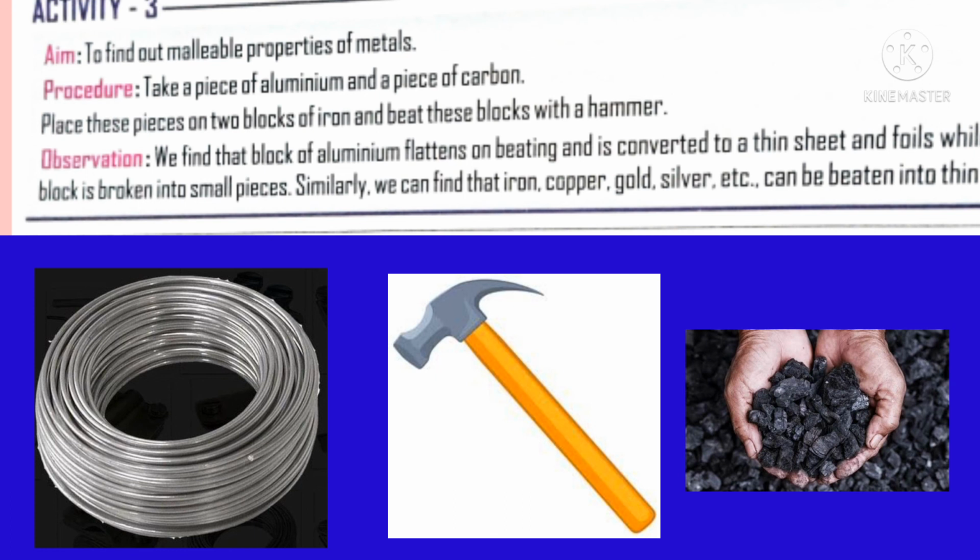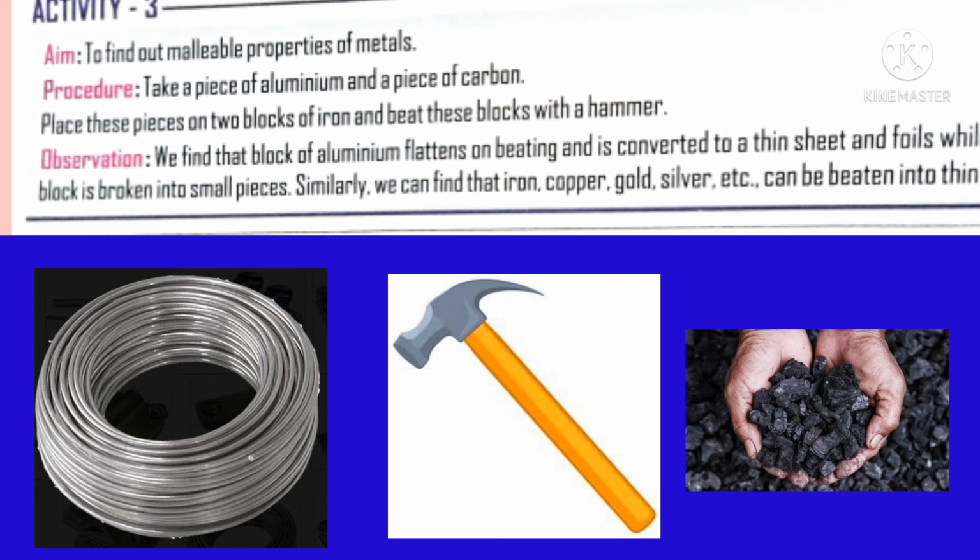Now let us move to activity 3, to find the malleability of metals. The materials required are a piece of aluminium, a piece of carbon, and a hammer. You are going to beat these two elements, aluminium and coal, with the hammer. Which one will show the malleability property? Only the aluminium metal can be beaten into a thin sheet.